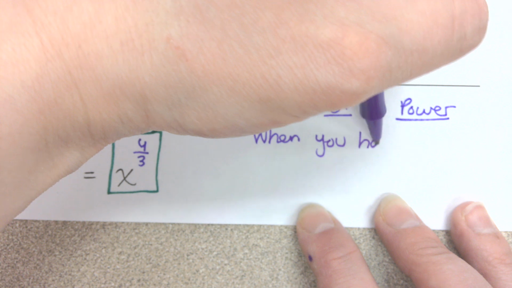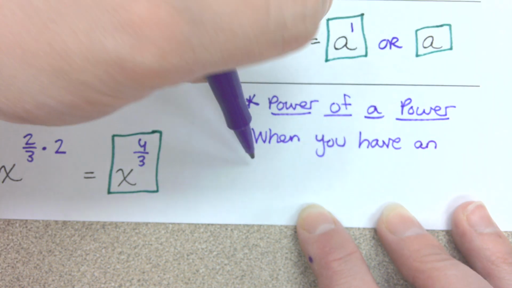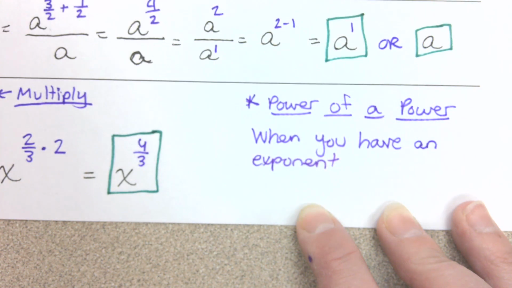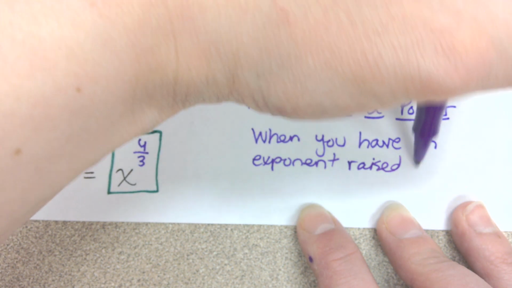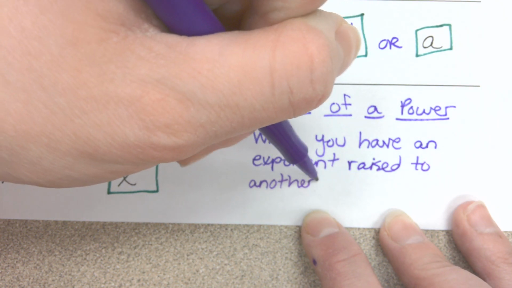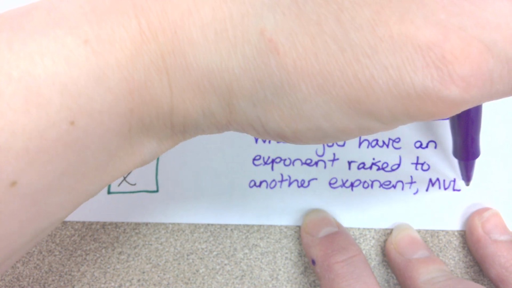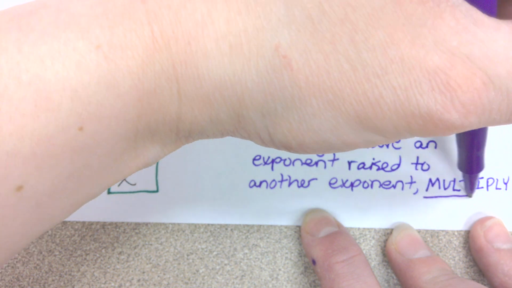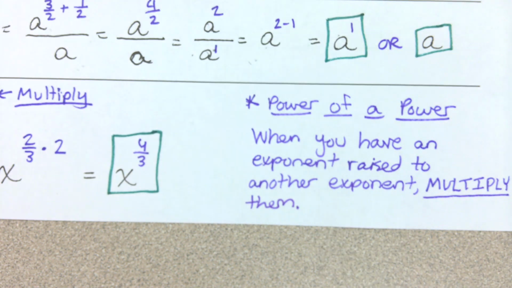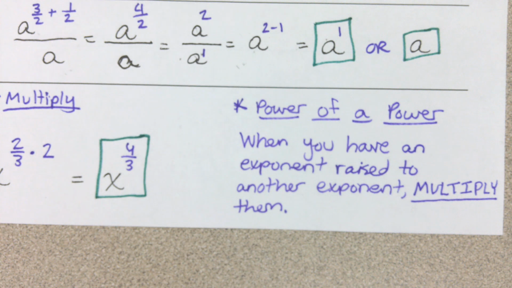When you have an exponent raised to another exponent, multiply them. When you're ready, flip the paper over, please, so I can see who still needs to write and who's done.